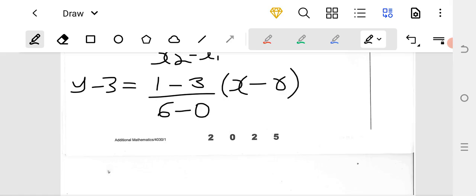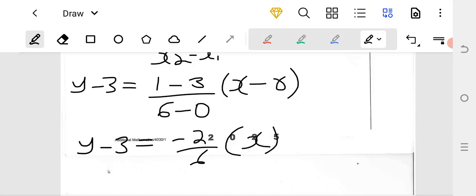You're going to be left with y minus 3 is equal to negative 2 over 6 multiplied by x. So this can go into itself once, and into 6 three times.